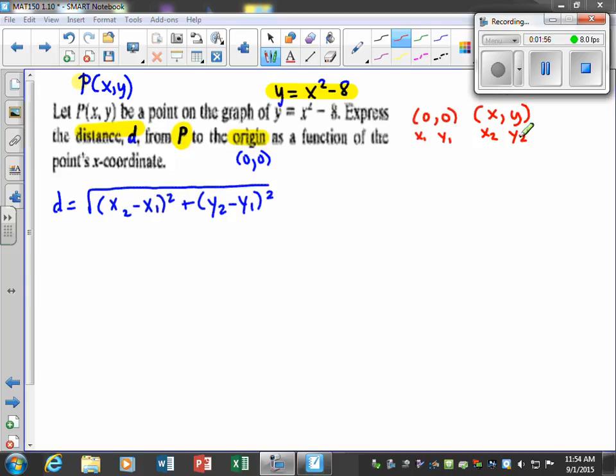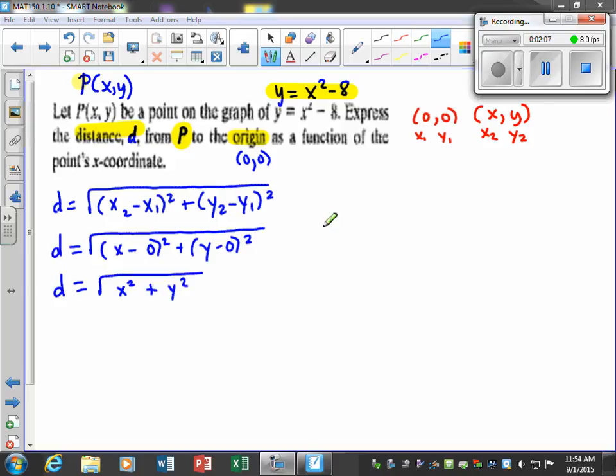If I label these, it might help since we're not dealing with all numbers. Let's plug these two points into the formula. We plug in x2 minus x1, then y2 minus y1.